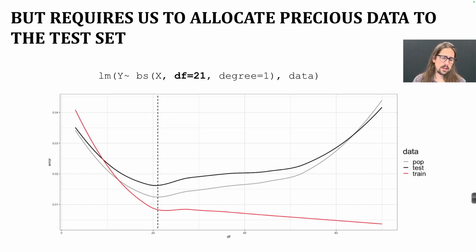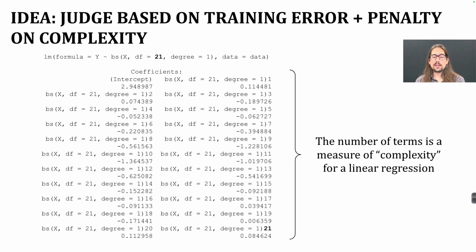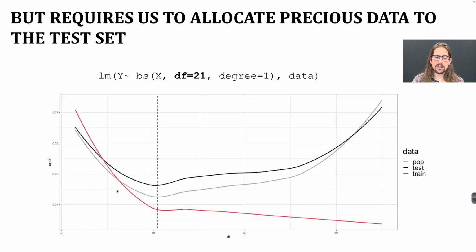And so people had creative ideas. And the idea is, instead of using a test set, why don't we judge based on the training error plus some kind of penalty of complexity? So I know the training error is going to keep going down forever, right? But the problem is that I know that as I add complexity to my model, so in this case, the complexity is measured by how many of these line segments I can glue together, that should be increasing the population error at some point.